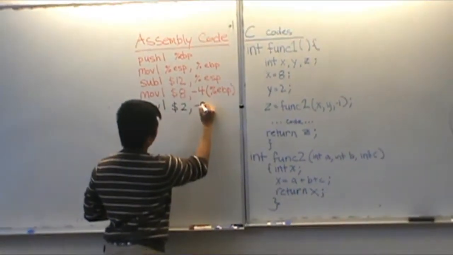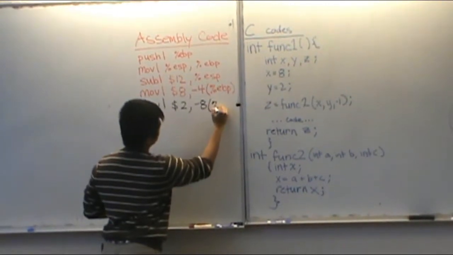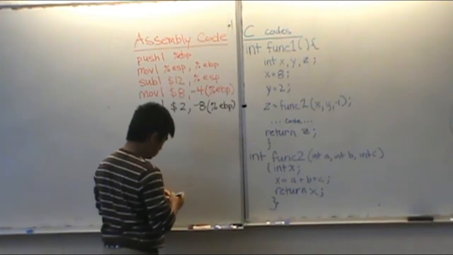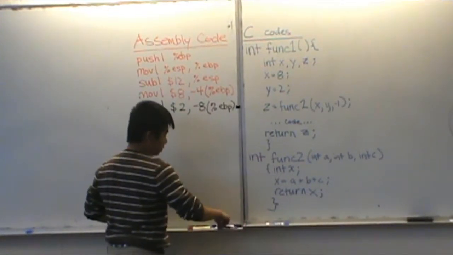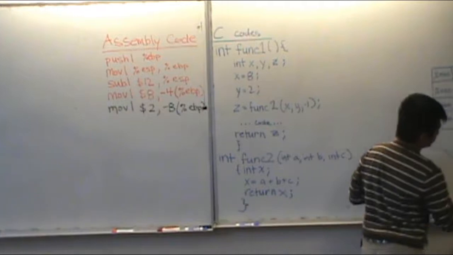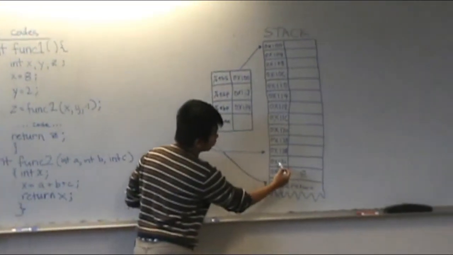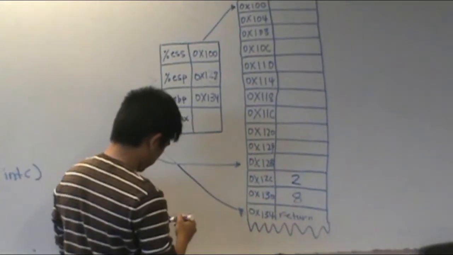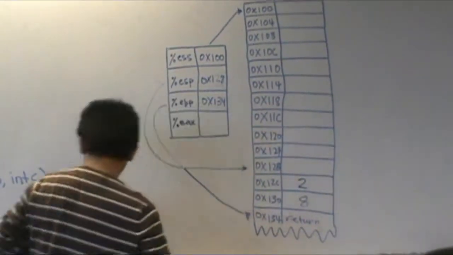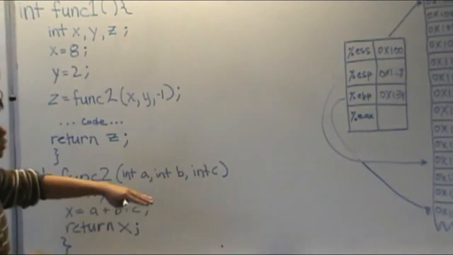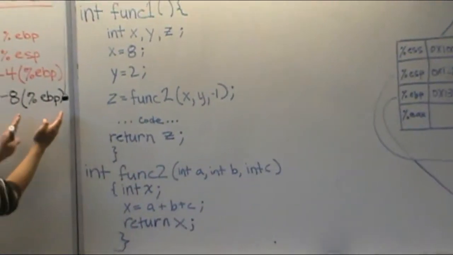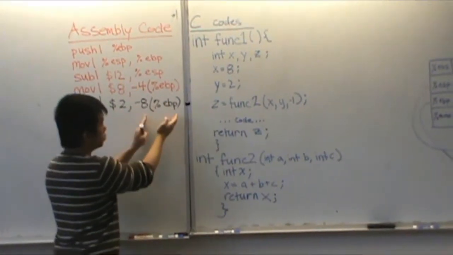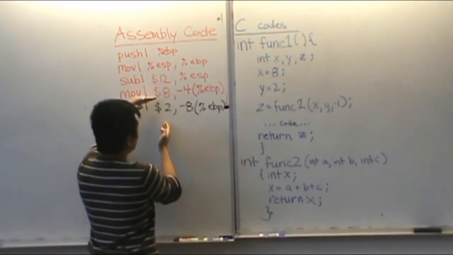So it'll be -8(%ebp). This will make the address 12C have the value 2 in it. As you can see, we did not change EBP, because EBP is inside parentheses, just addressing where to store these values.